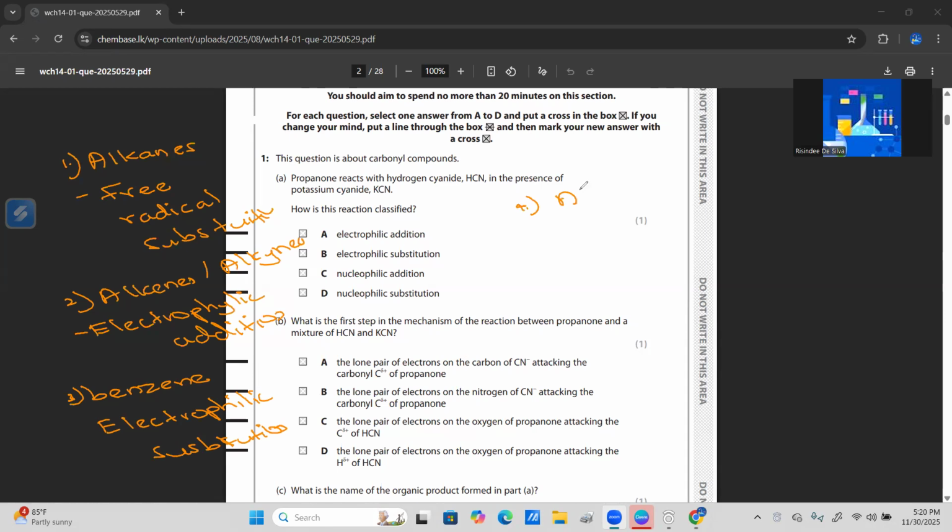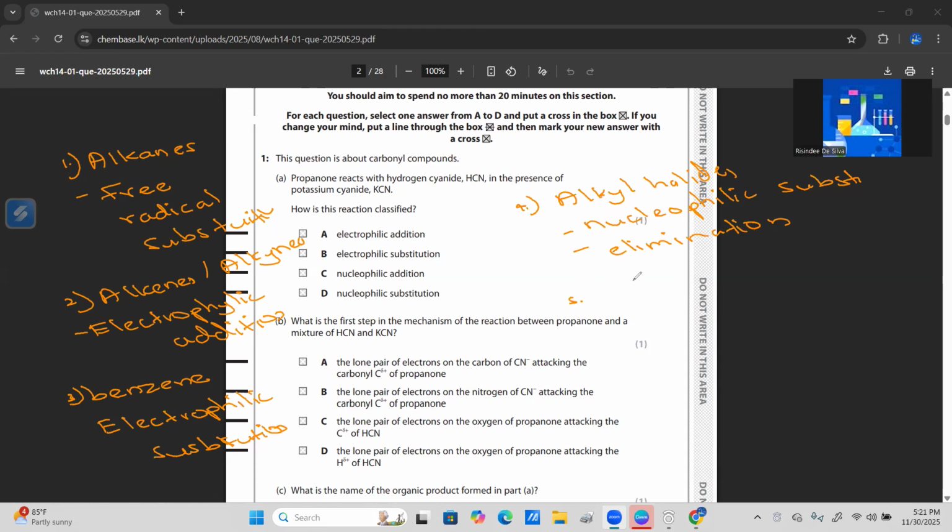If it is alkyl halides, they will undergo two reactions. One is nucleophilic substitution. The other one is known as elimination.